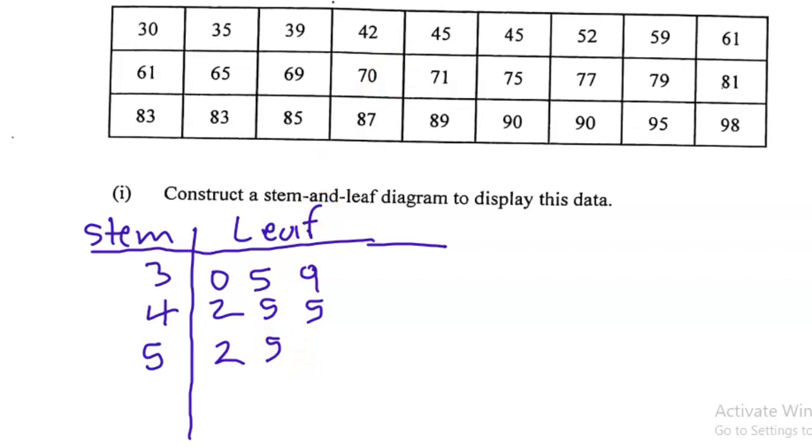Then the 60s: 61, 61 again, 60, 65, 69. We have 70, 70, 70, 70, 71, 75, 77, 79.